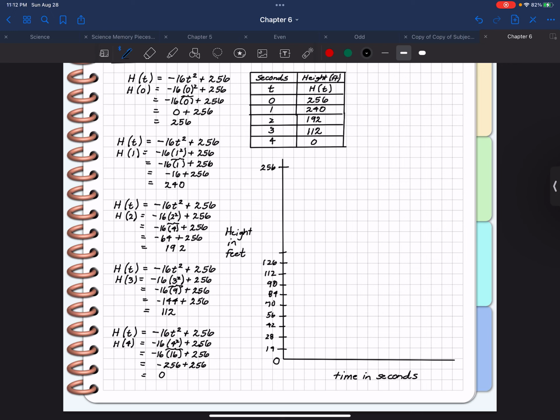Plus 14 is 140. Plus 14 is 154. Let me just do this. Plus 14 is 168. Plus 14 is 182. Plus 14 is 196. Plus 14 is 210.